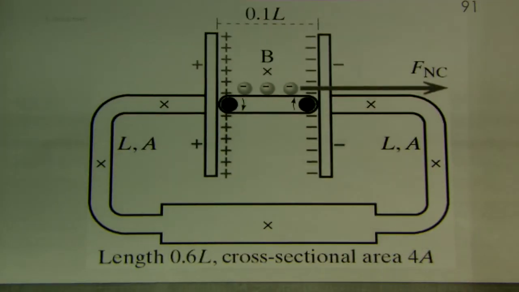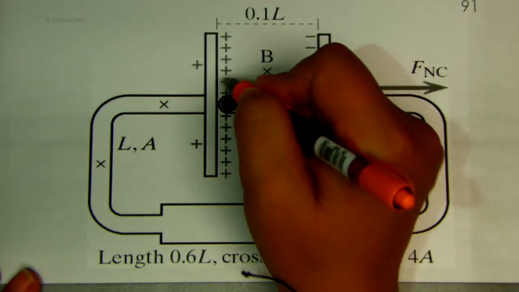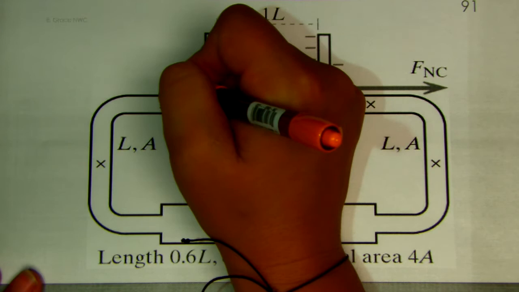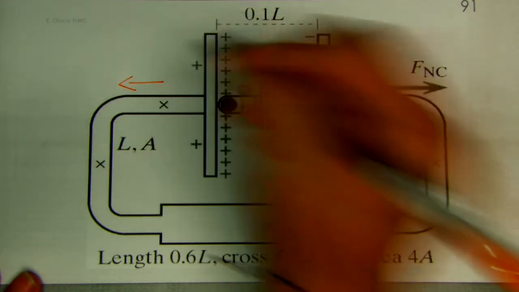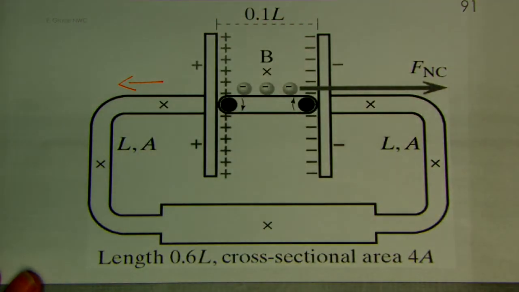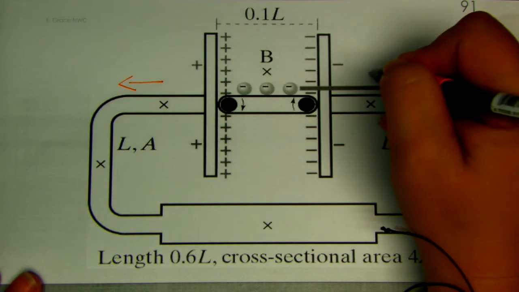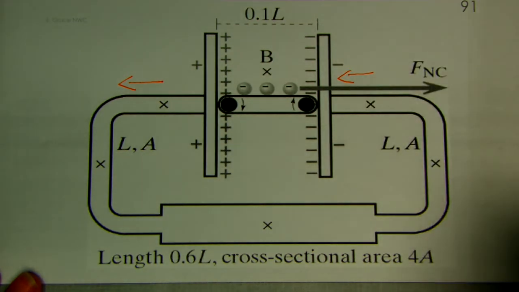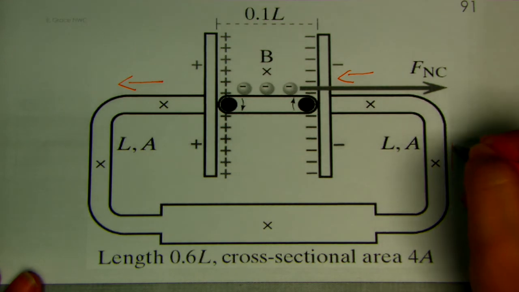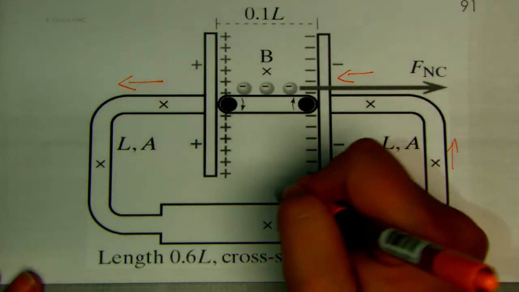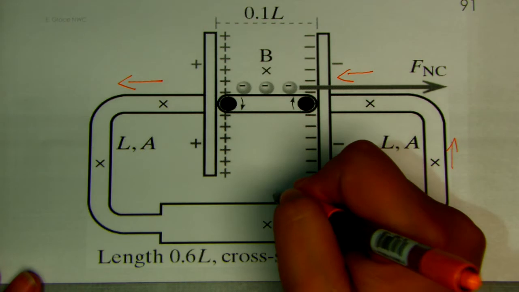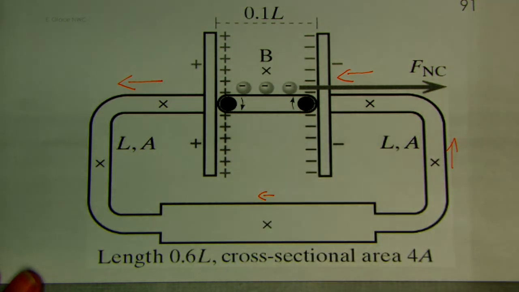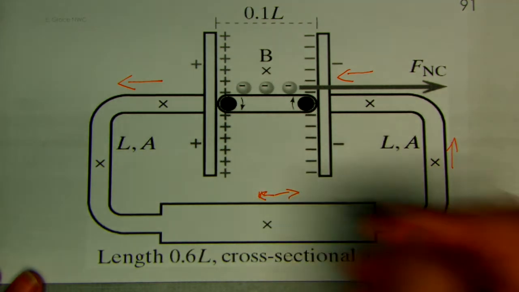All right, so to do the electric field, we need to just think of everything that we've learned. So the electric field here is going to be pointing away from the positive plate, and the electric field at this location is going to be pointing towards the negative plate, and this would continue around. Now, this is a thick wire, so it's going to have a much smaller electric field that would go this way.